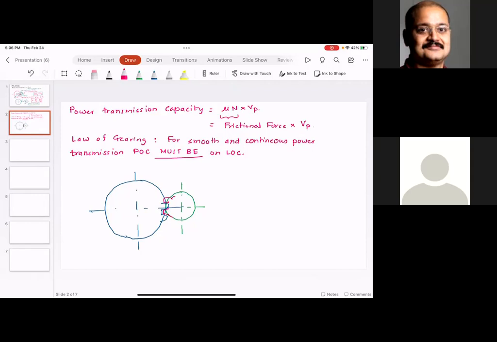Now, one thing that is super important. What happens is, because of the unique shape of the gear, if you look, the gear looks something like this.